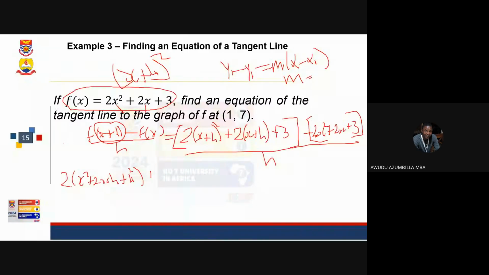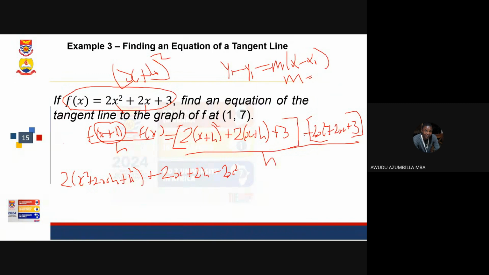Then plus this one too. Let me open this bracket. If we open this one, we are going to get 2x plus 2h. Then minus 2x squared.